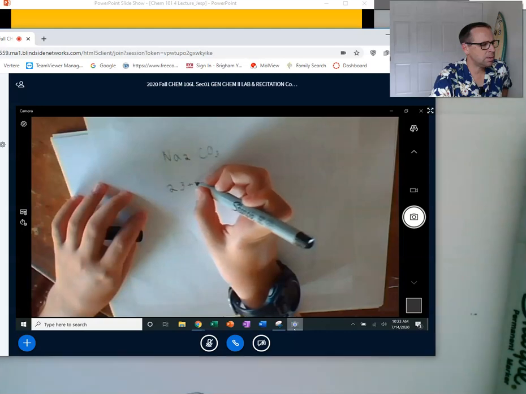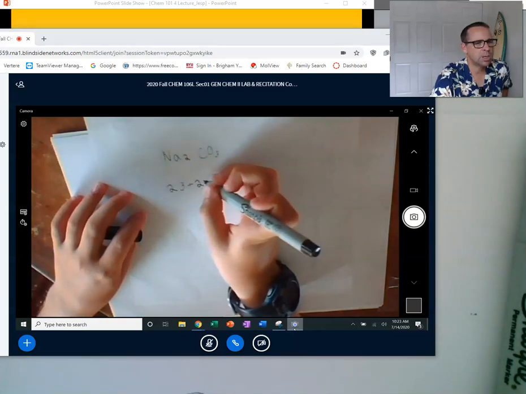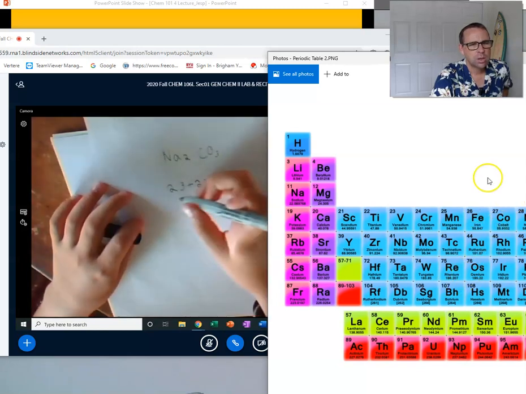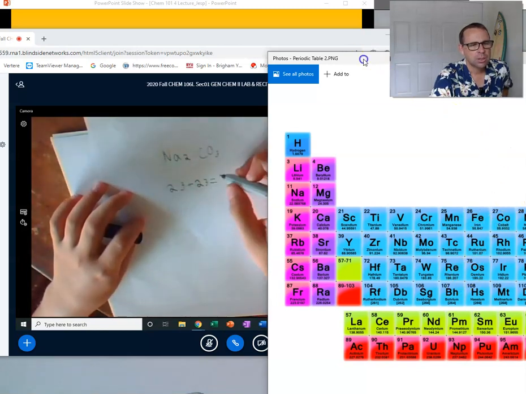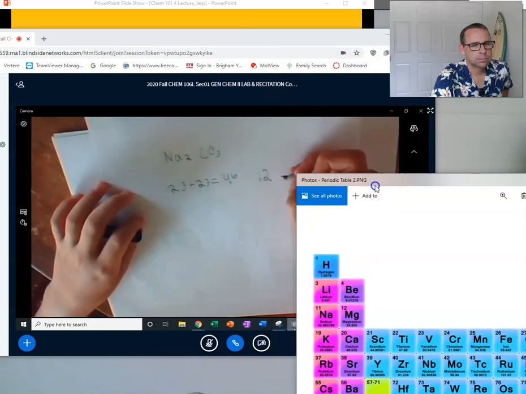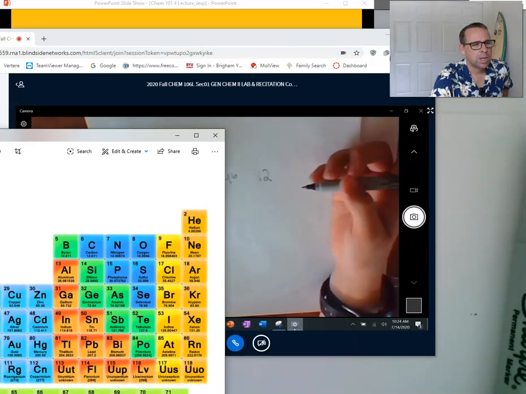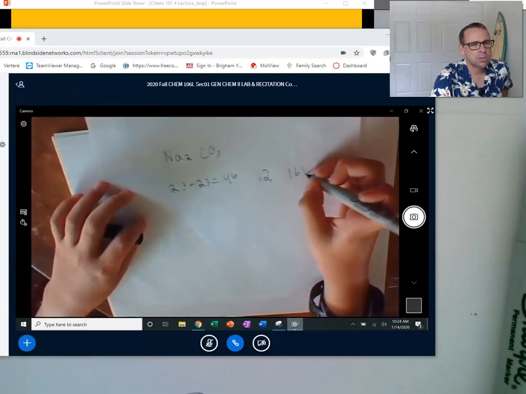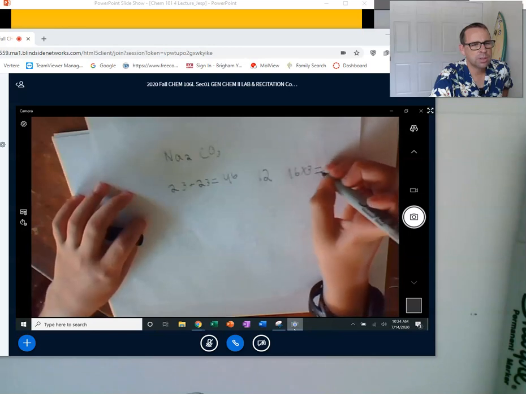23, that's the mass of sodium, right? I have the periodic table here too. Good job. 23, there's two 23s. Carbon, I have it here so I can help you. Okay, that's 46. Good. That's a good way to do it. Do the sodiums. Carbon is 12. And oxygen is 16. 16 times 3 is 48. Very good.